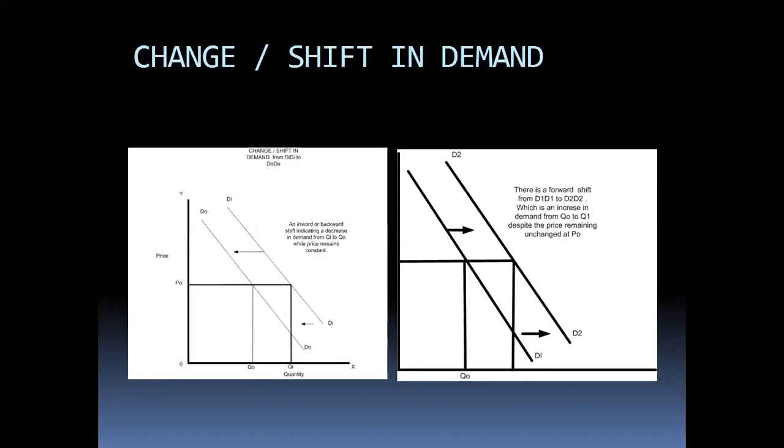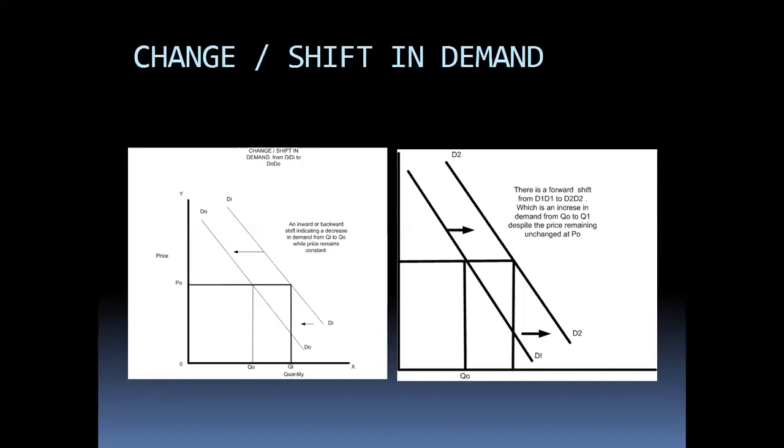From our diagram, this is from Q1 to Q0. That is a backward shift. There is a fall or reduction in the quantity demanded, despite the price of the commodity remaining the same.